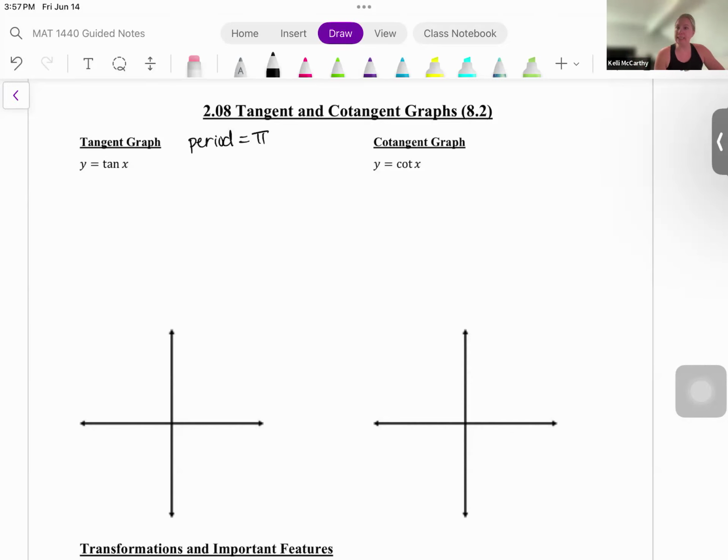We have seen in tables that tangent is undefined at certain values. And what you would see if you were to continue patterns is that tangent's going to be undefined at odd multiples of pi over 2.